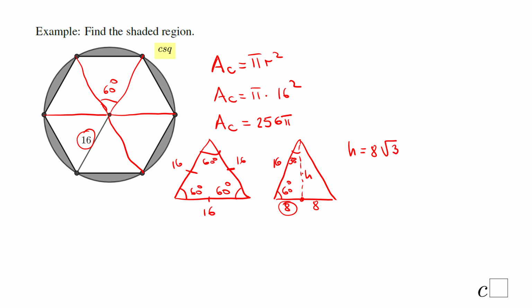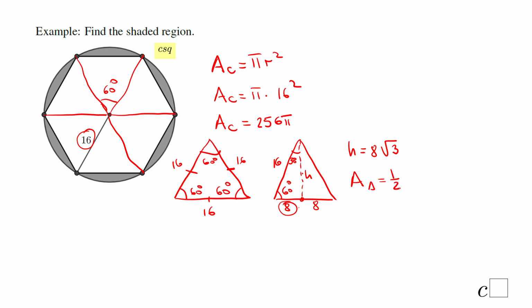If you do not remember this special right triangle, use the Pythagorean theorem, a squared plus b squared equals c squared. This is going to be a, this is going to be c, and you're going to have to find b for the example. But that's the easiest way if you remember the special right triangle. The height will be 8 square root of 3, so the area of one triangle is going to be what?